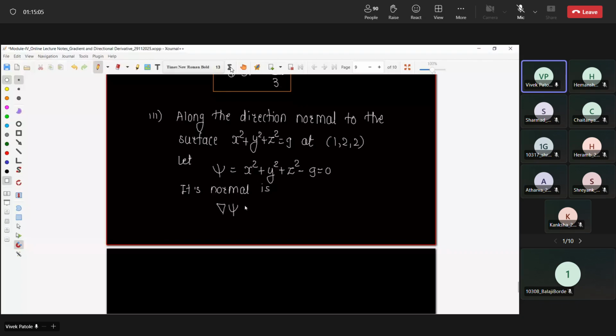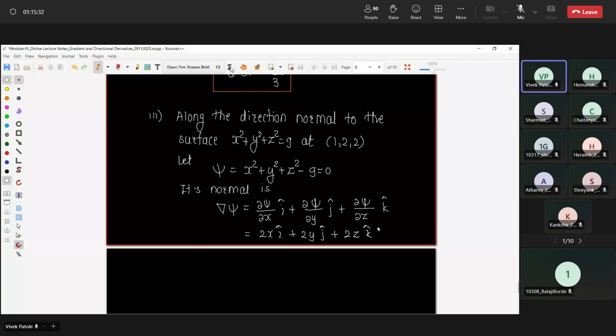So del psi will be del psi upon del x i cap plus del psi upon del y j cap plus del psi upon del z k cap, which is equal to 2x i cap plus 2y j cap plus 2z k cap.